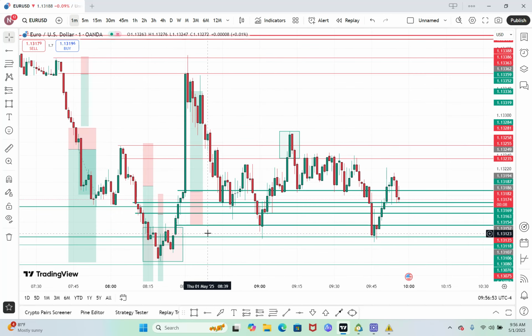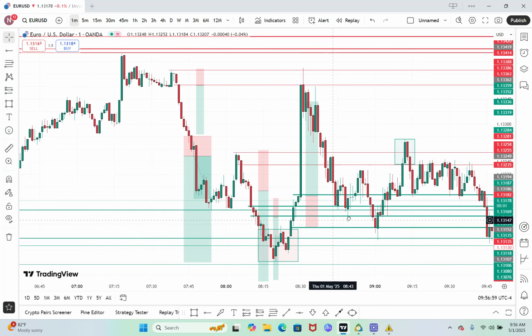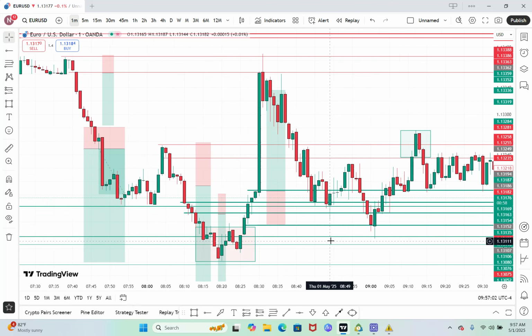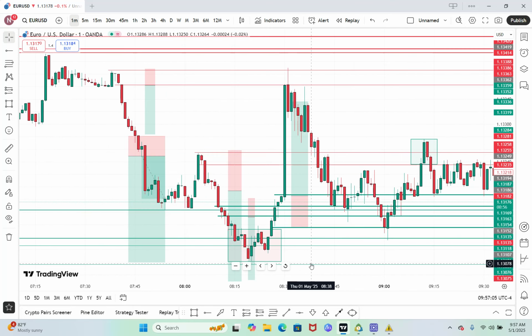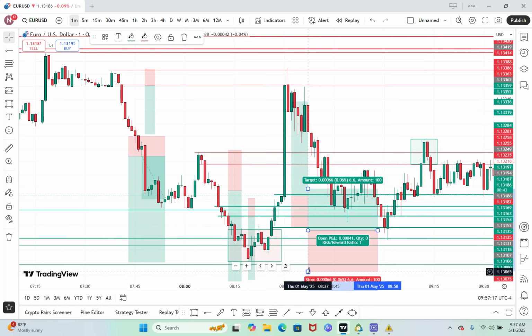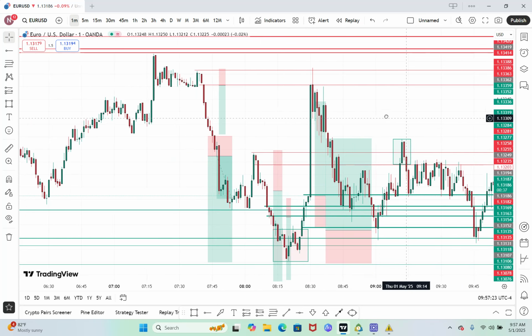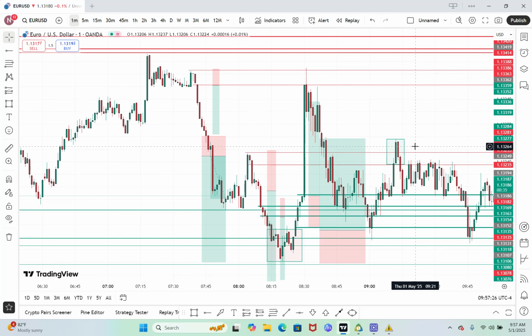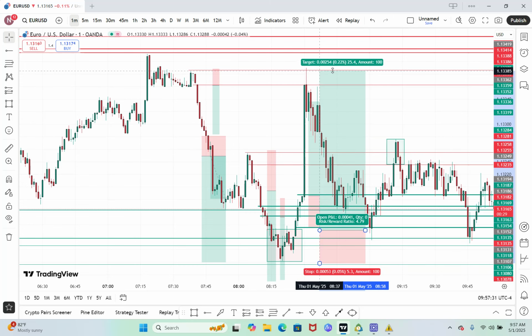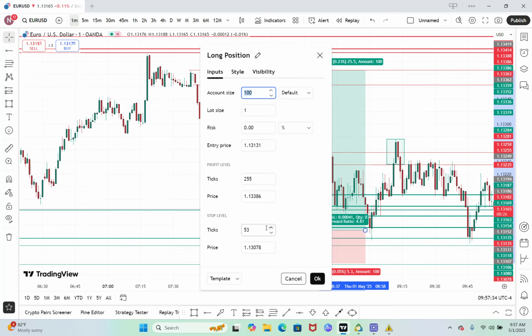This area right here, we overlooked this area right here, and it could have been a potential for us. Let's see if it would have worked out in our favor. The market went away, all the way up here. 150.